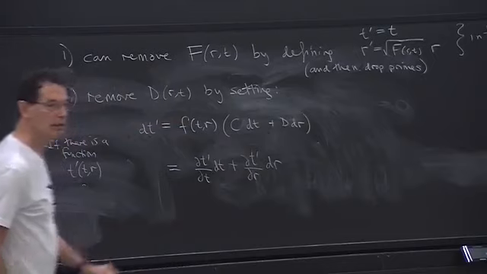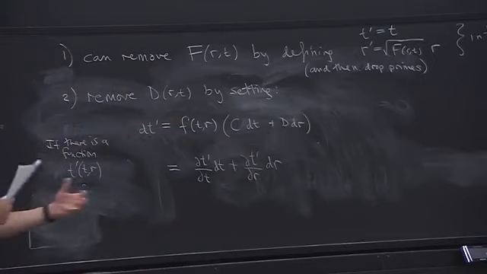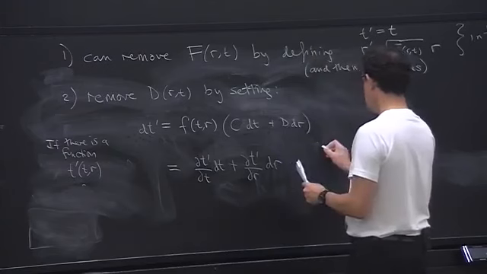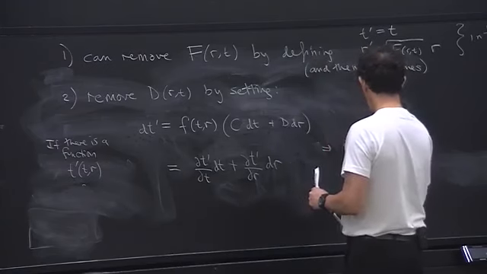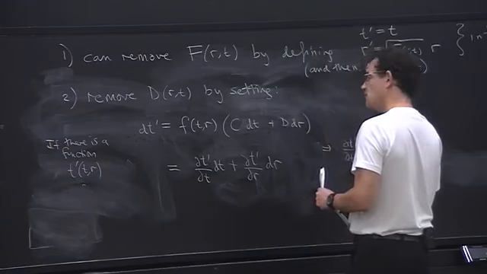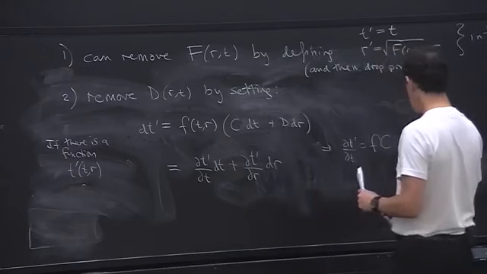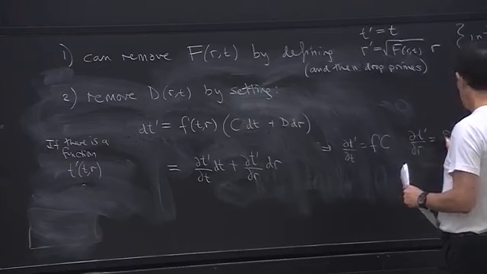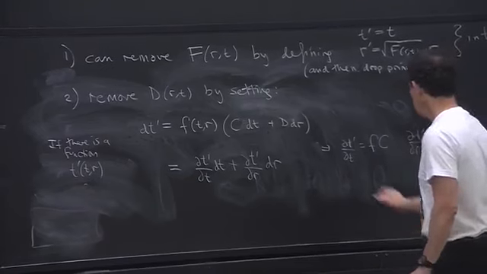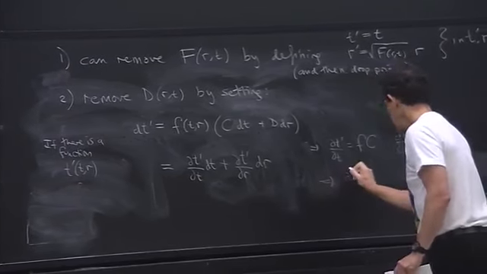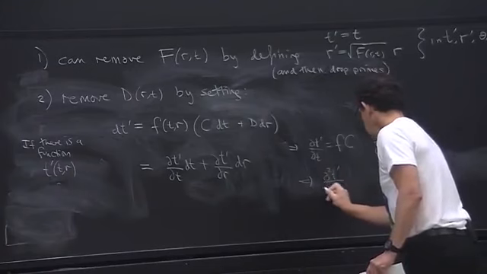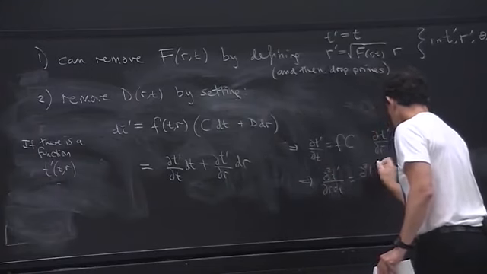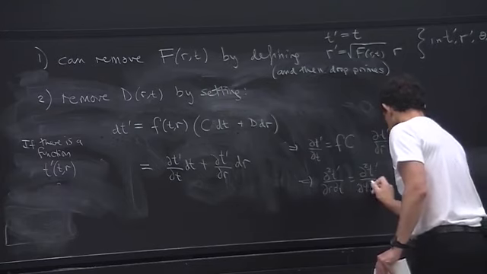And then you've got to have equality of mixed derivatives. So this means that dt prime by dt is f times c, dt prime by dr is equal to f times d. And necessarily, we must have d2t prime by dr dt equal d2t prime by dt dr.